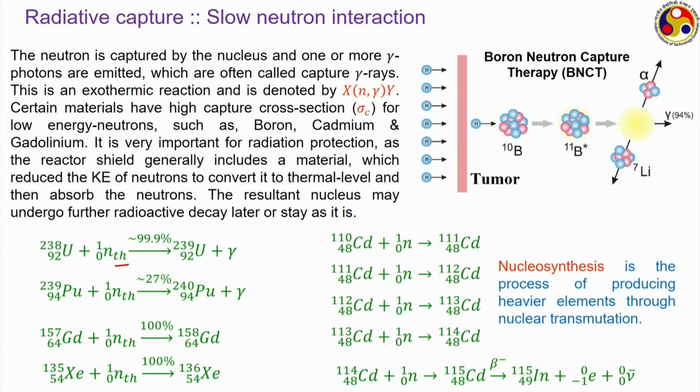One example is shown here, a series of radiative captures by cadmium. Cadmium 110 can absorb a neutron, forming cadmium 111, then 112, 113 and 114, all of them are stable isotopes, but when cadmium 114 absorbs one neutron to form cadmium 115, then that is actually unstable.